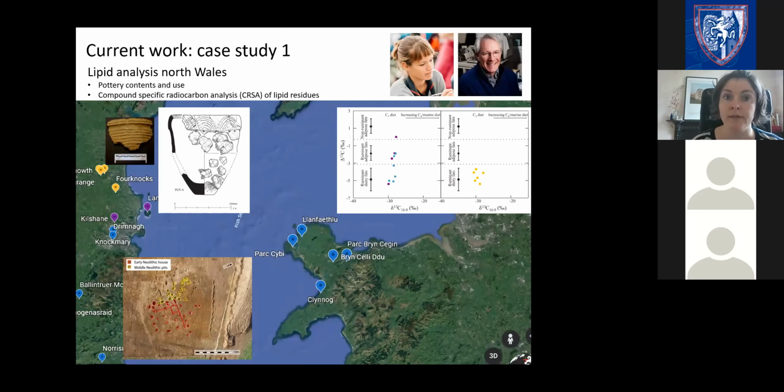So first of all, this is the work of our PhD student Lily in Bristol, supervised by Richard Evershed. Lily is looking at a lot of pottery assemblages from Anglesey, in particular the island of Anglesey. Anglesey has gone from an area where there was no excavation, or only antiquarian investigation into the megalithic monuments, to a period over the past 10 years where there's been quite a lot of development.